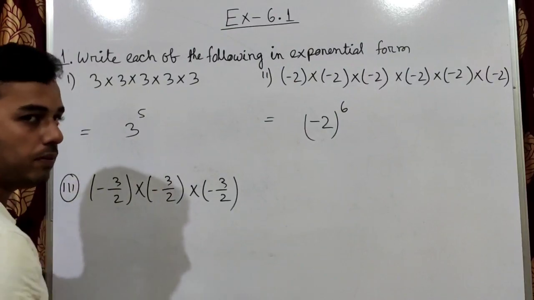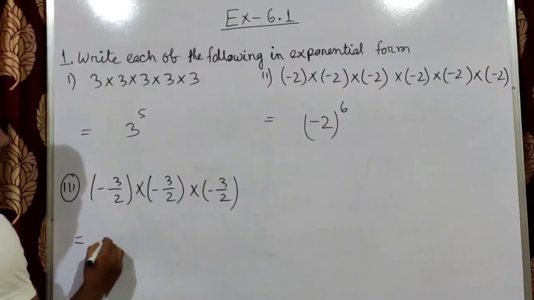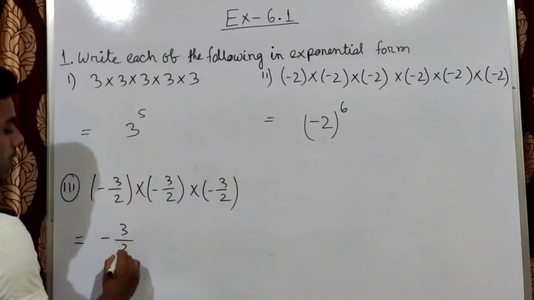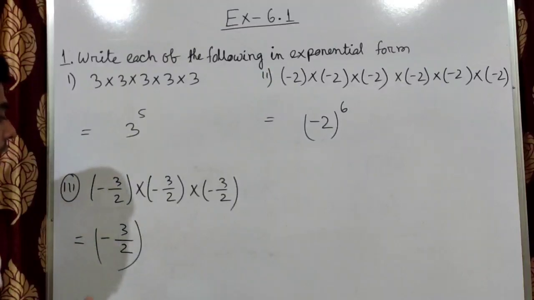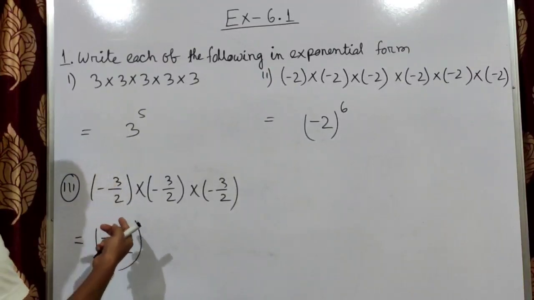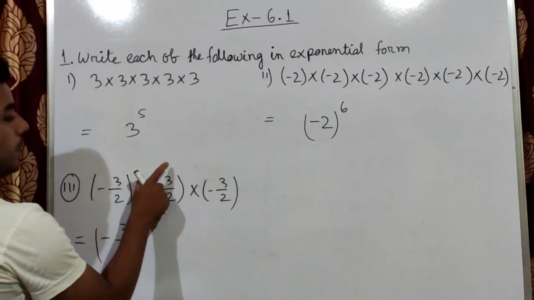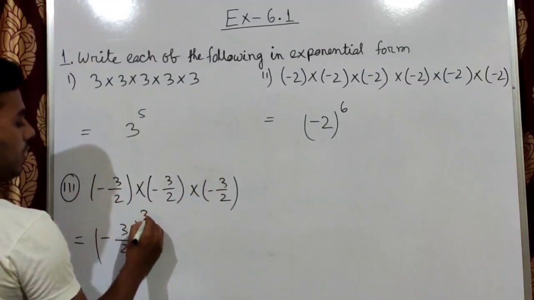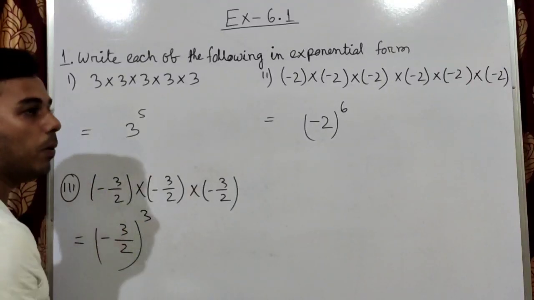Now these numbers are in fraction. So how can we solve? We will just write the given number minus 3 by 2, then we will give a bracket. Clear? Now in the power, we will write how many times these fractions are multiplied. 1 time, 2 time, 3 time. So we will write 3. That means it is minus 3 by 2 to the power 3.